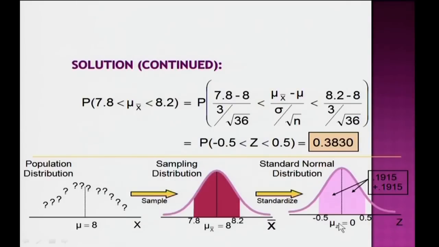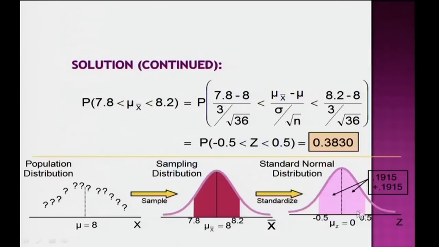After plotting this, you look at the normal distribution table, look at the values from 0 to 0.5, because the normal distribution table gives us the values from 0 to any upper limit. So, you will get the area from there, or you can simply say the area between minus 0.5 to 0.5 is double the area from 0 to 0.5.